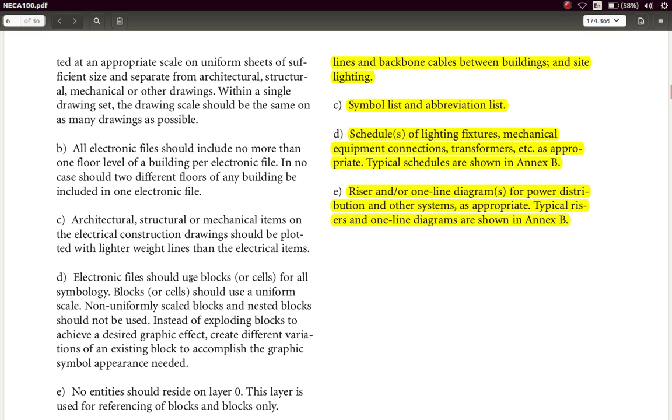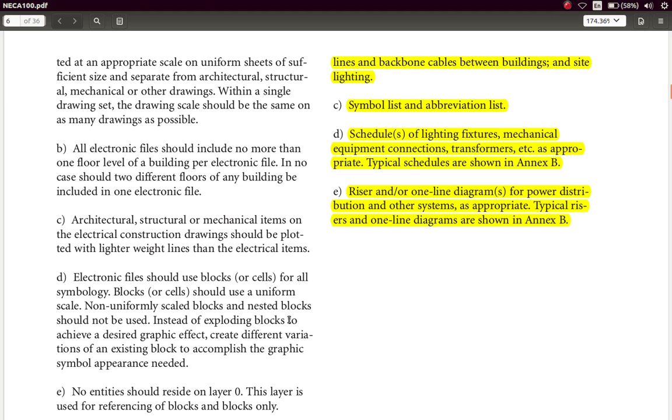Electronic files should use blocks or cells for all symbology. Blocks or cells should be a uniform scale. Non-uniform scale blocks and nested blocks should not be used.